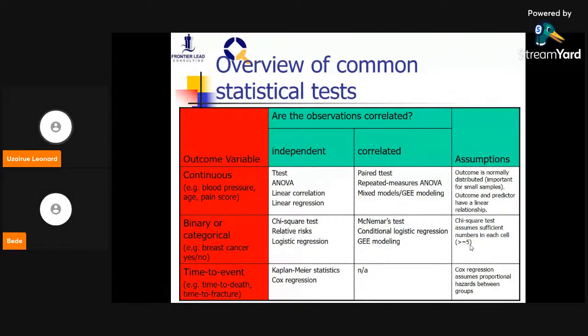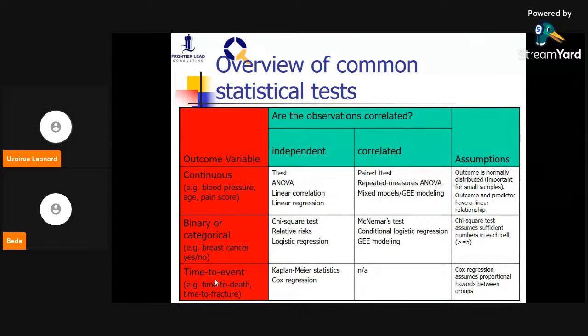Now, the next one is, is it a time to event series? We are talking about time to death, time to fracture, time to heal, and all of that. Then we will be using Kaplan-Meier statistic or Cox regression. These are more advanced statistics used to do what we refer to as survival analysis.